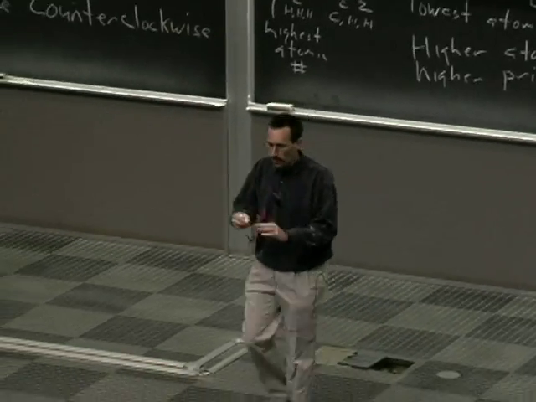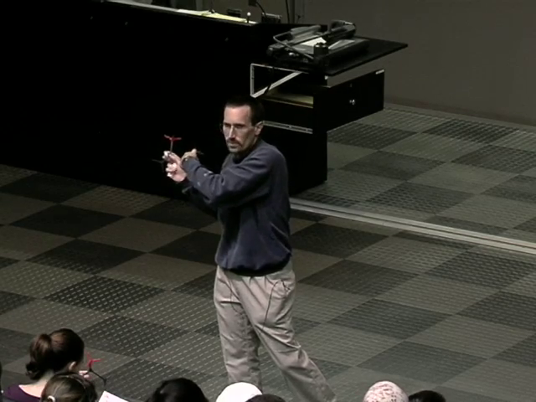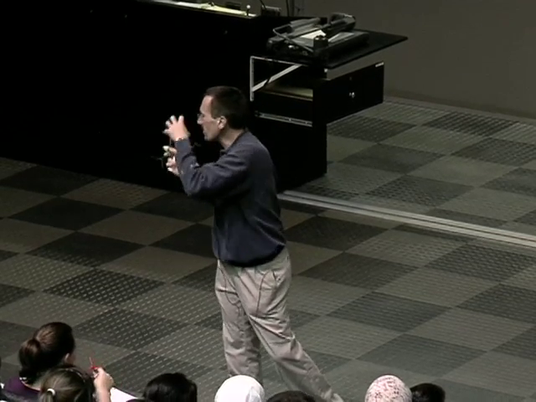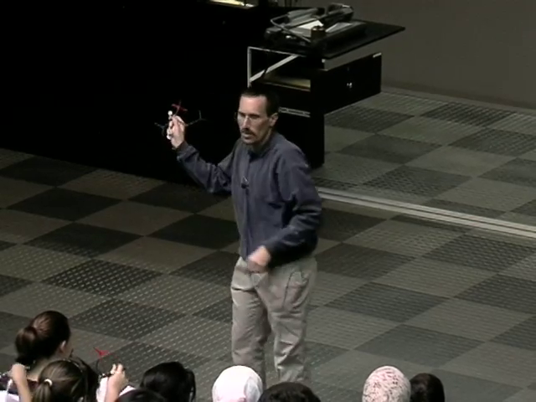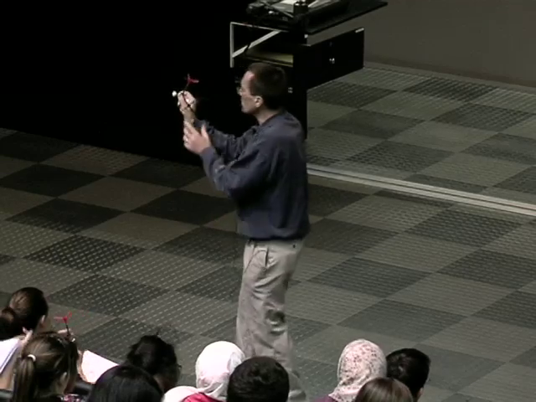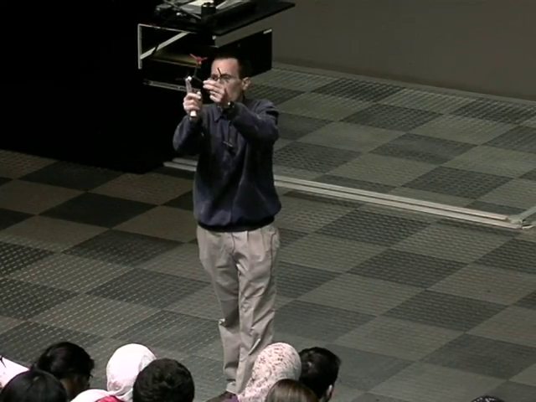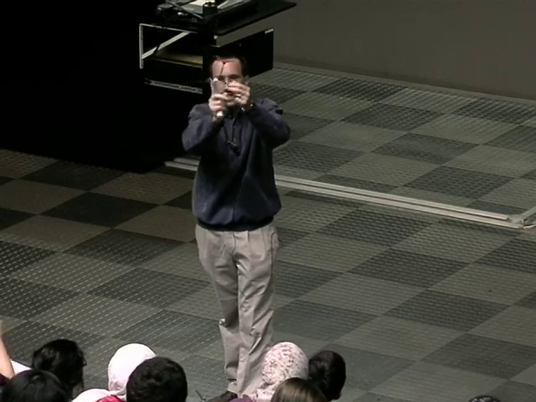But the other way you can do it is you can say, well, it's drawn this way, but I know if I reverse things, if instead of sighting down the bond with the lowest priority substituent in back, I'm sighting with the lowest priority substituent in front, then everything's reversed. So you look at this molecule as I'm holding it now, with the hydrogen pointing right out at you and the oxygen, the ethyl group and the methyl group.